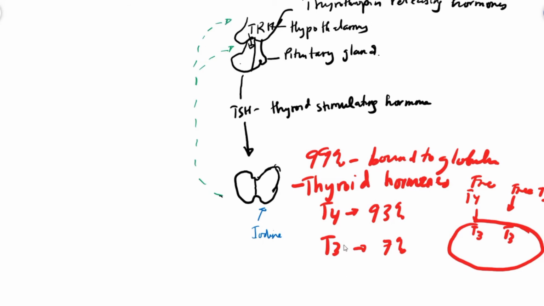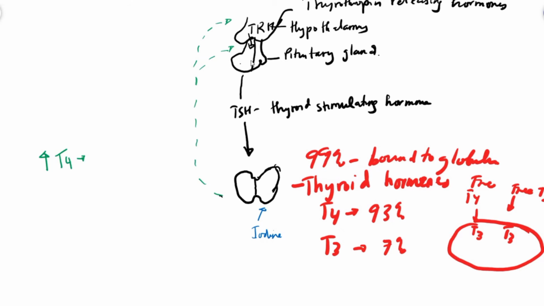So, for example, the body only senses the free T4 and free T3. It will not sense the bound thyroid hormones, the ones that are bound to globulin. But if the body senses, for example, an increase in thyroid hormone, for example T4, then there's going to be a decrease in the production of TRH and TSH.